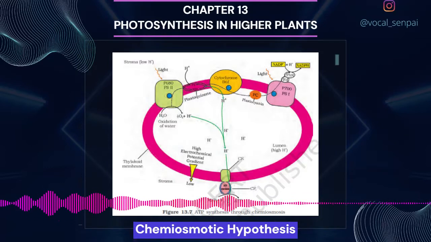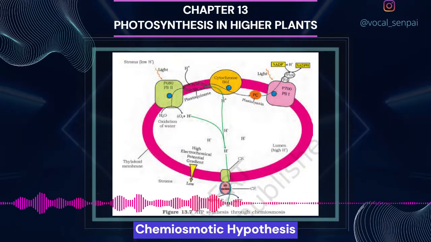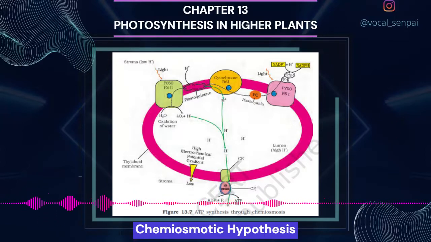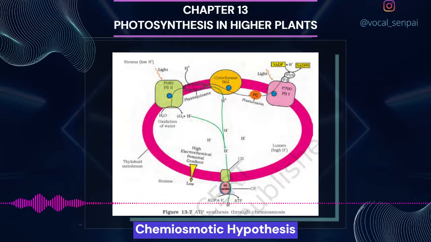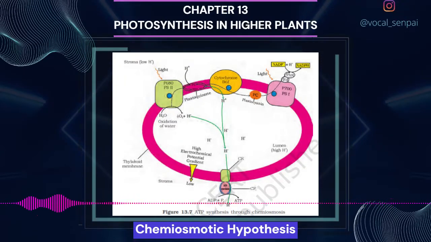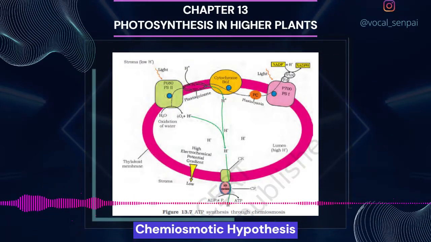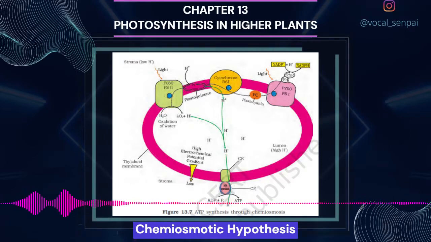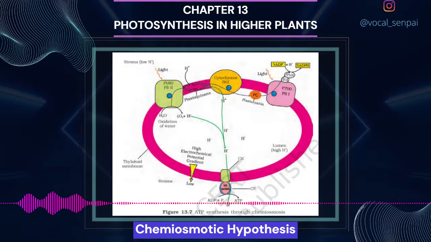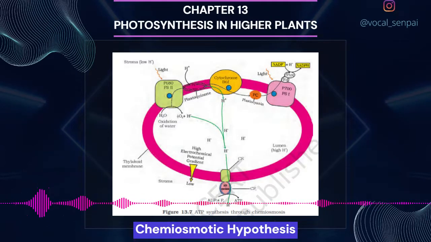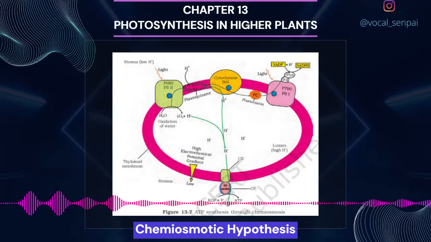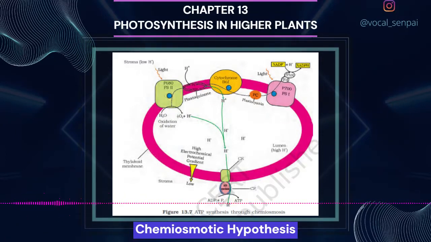This happens because the primary acceptor of electron, which is located towards the outer side of the membrane, transfers its electron not to an electron carrier but to an H carrier. Hence, this molecule removes a proton from the stroma while transporting an electron. When this molecule passes on its electron to the electron carrier on the inner side of the membrane, the proton is released into the inner side or the lumen side of the membrane.